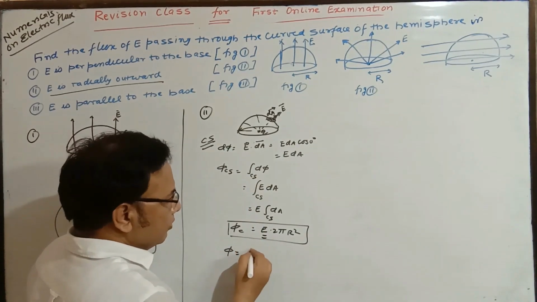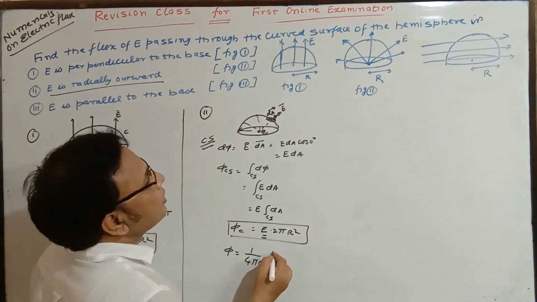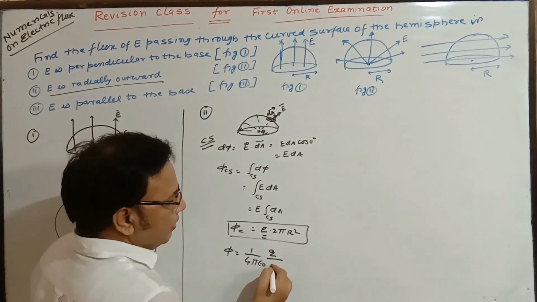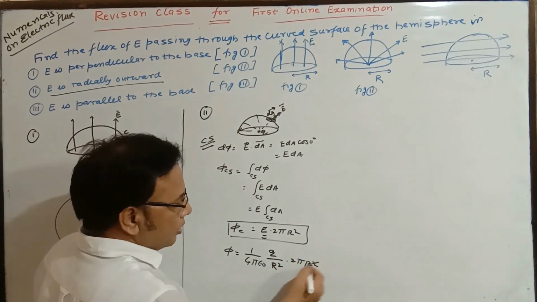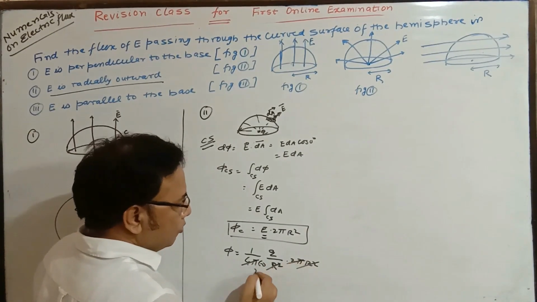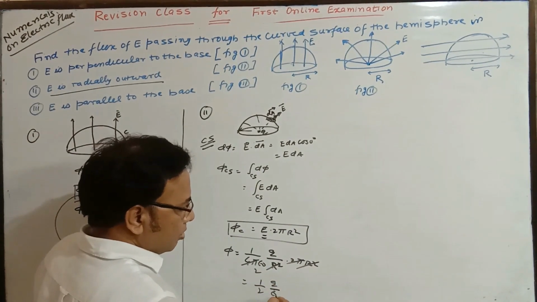So this equals 1 by 4πε₀ into Q divided by R², into 2πR². So R² cancels out, 2 over 4 gives half. So this is half times Q by ε₀.